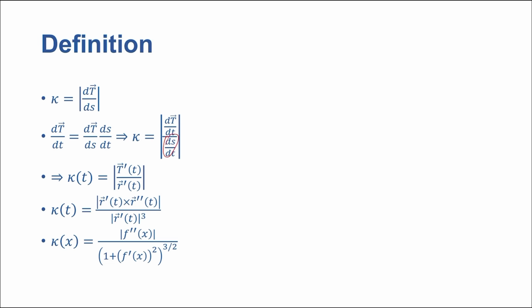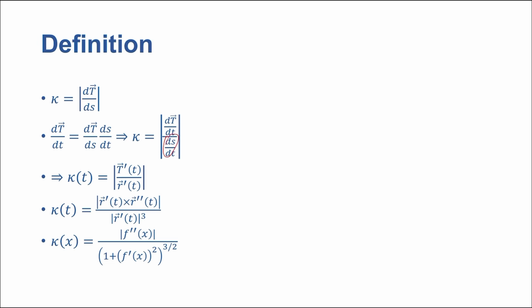We can also write this completely in terms of the position vector, such that kappa of t is equal to the magnitude of first derivative of r crossed with the second derivative of r over the first derivative of r magnitude cubed.